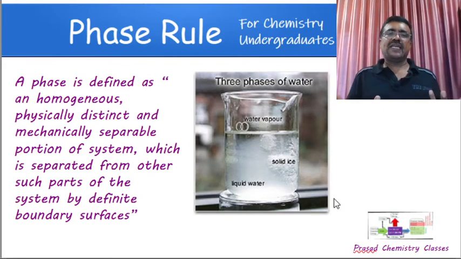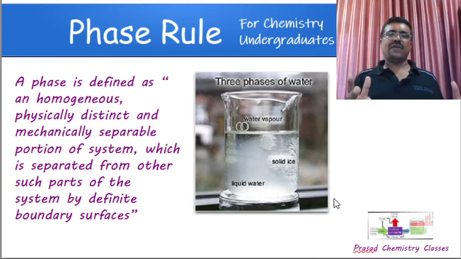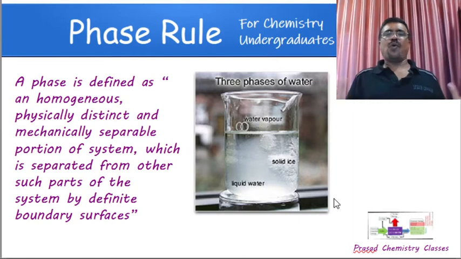So it should be physically distinct, and all gases will form a single phase only. Gases are completely miscible, but in the case of liquids, you can have miscible liquids where we have one phase only. If you take an alcohol water system, they are miscible in all ratios, so we get one liquid phase only.